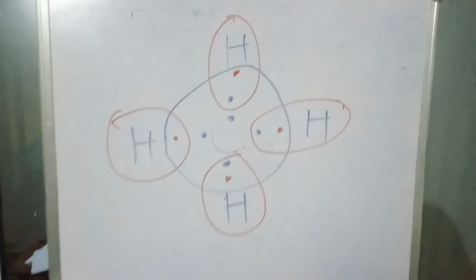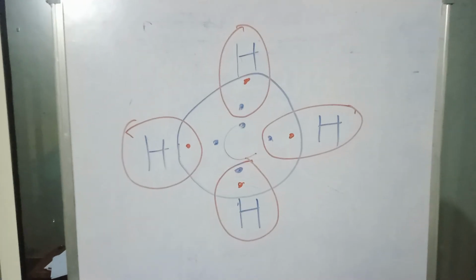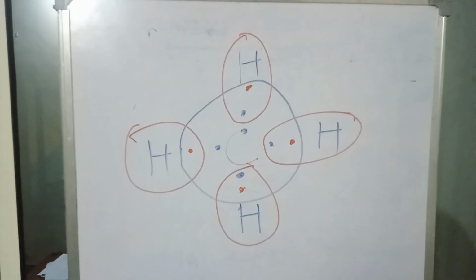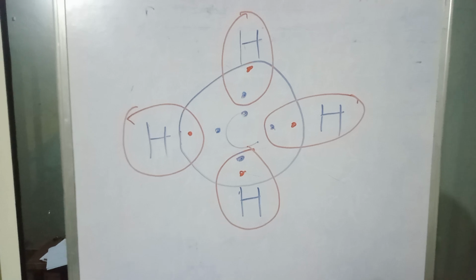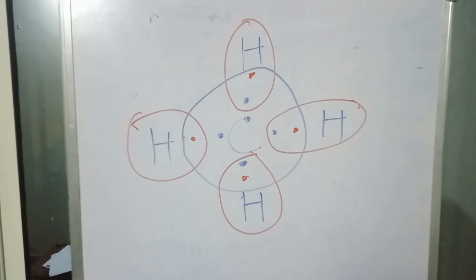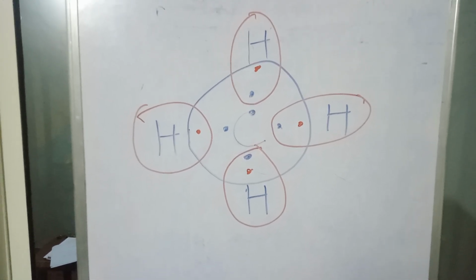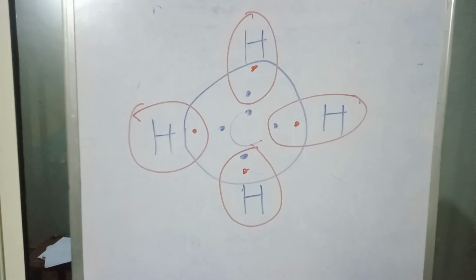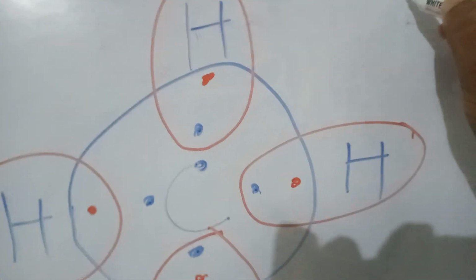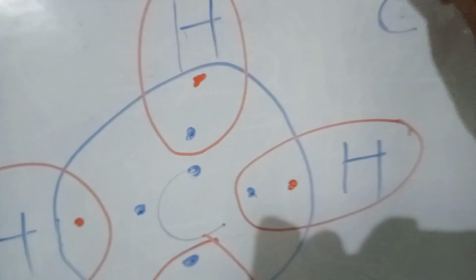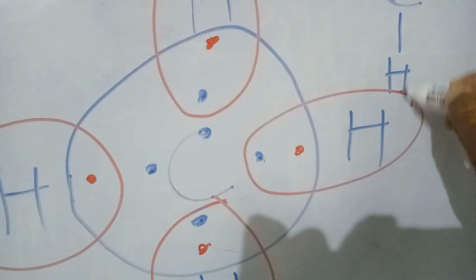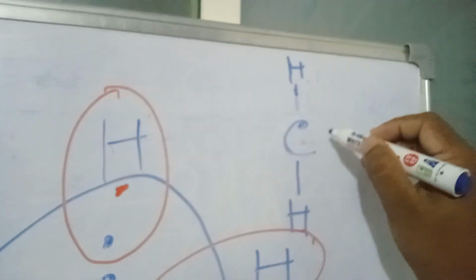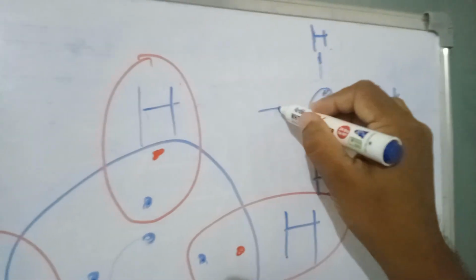So you can clearly see that they have shared their electrons, and now they have electron saturation. Meaning carbon is having 8 electrons, each hydrogen is having 2 electrons. It is otherwise written as C with hydrogen on this side, and this side.